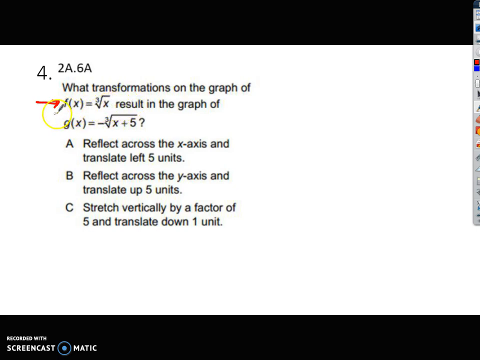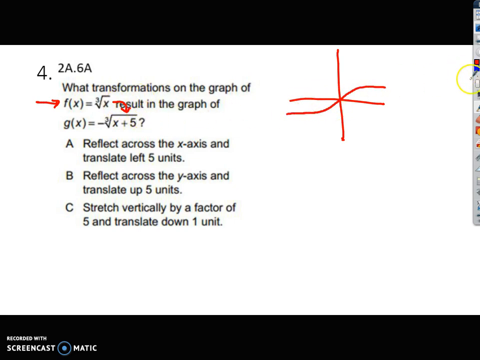So I went from f to g, right? What is the difference? How does the graph change? If we remember the notation, it's going to be very similar to the other one. This negative in the front is going to flip it. But we have to be more technical than that. This x to the third is going to start off right here.